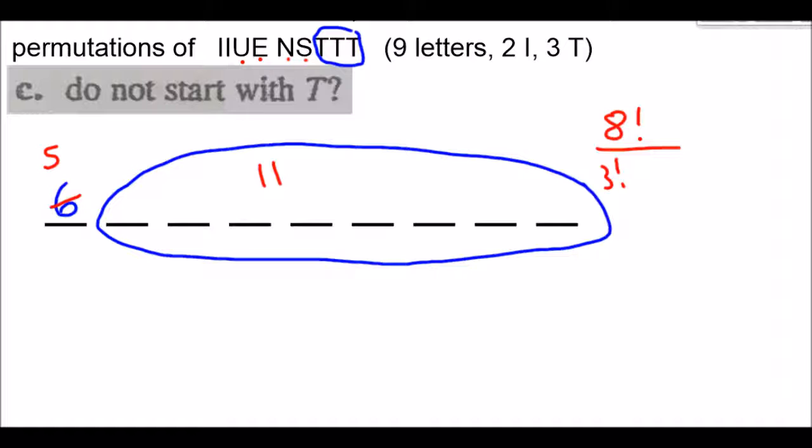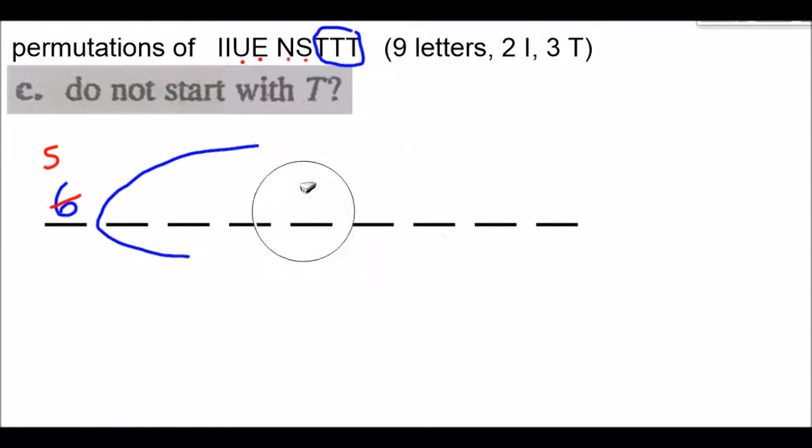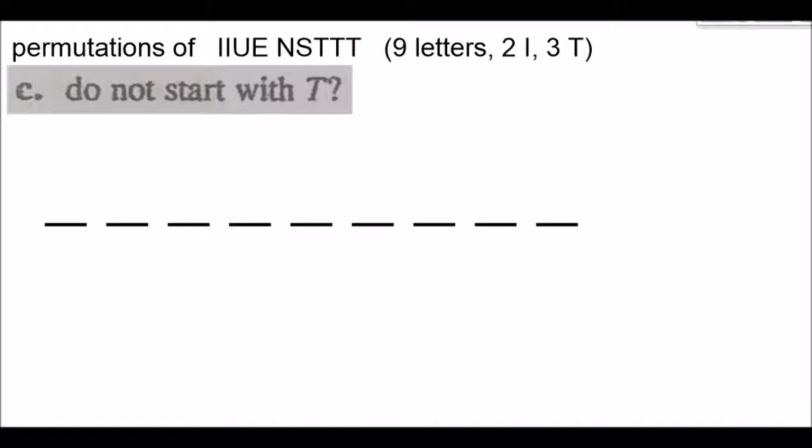So what that tells us is that if I'm going to start with 5 choices, because there are 5 letters available that are not T's, I have to break my math into cases. So let me reset this question and see what that would look like. So we are going to remind ourselves that there are 5 choices as to what goes first, but the math that comes after that depends on if I start with an I or if I start with another letter.